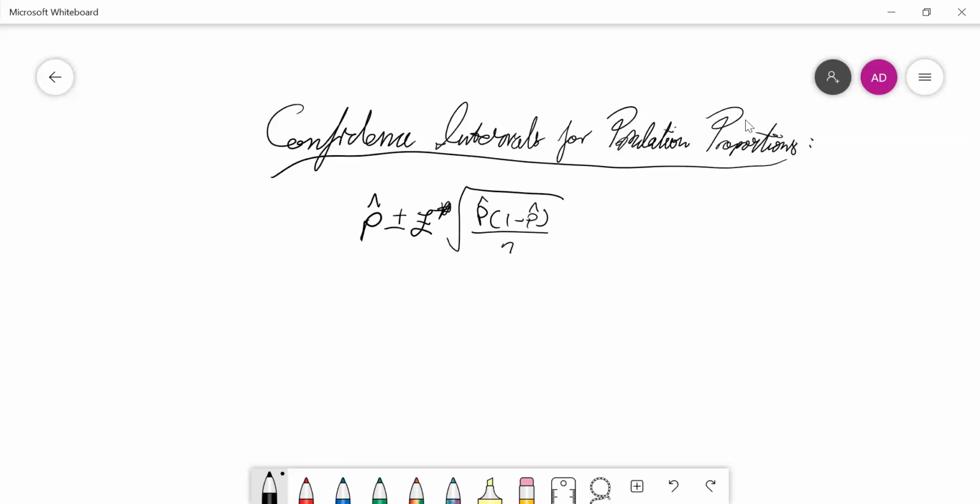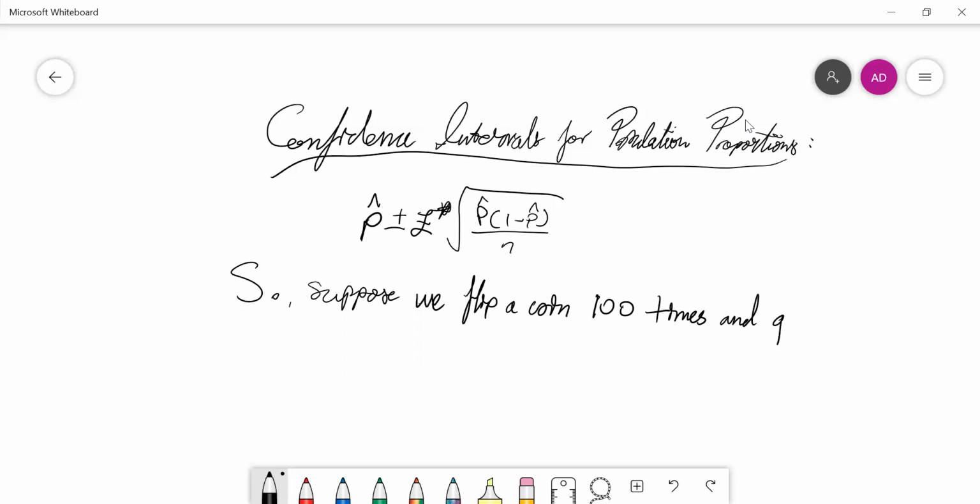Okay, so let's go back to our coin. Let's suppose we flip a coin 100 times and get 62 heads.